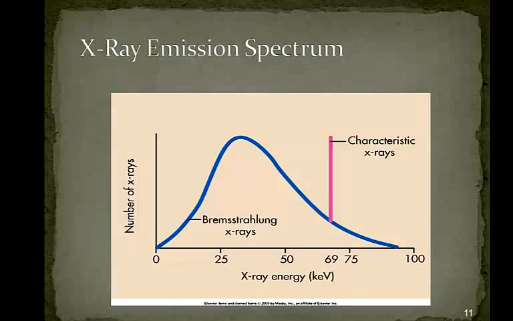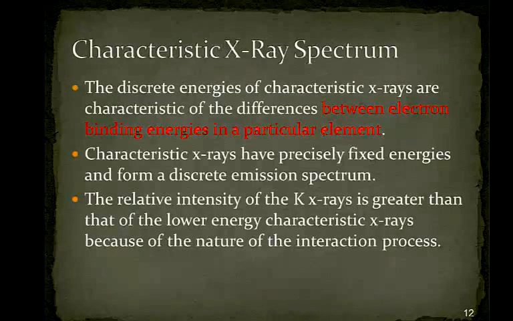When we look at the characteristic X-rays, notice that the line is purple. The purple line begins at 69. Remember, that is the binding energy of the K shell. So I have to at least meet the binding energy of the K shell for me to start having characteristic X-rays.